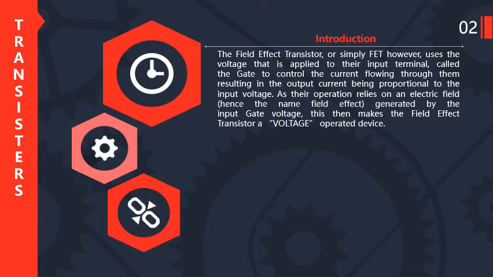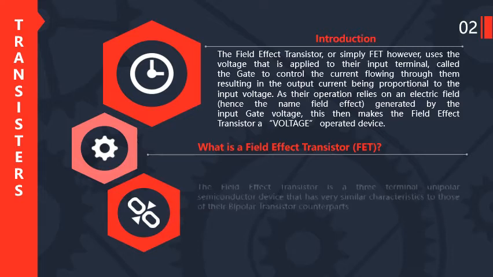As their operation relies on electric field, hence the name field effect, generated by the input gate voltage. This then makes the field effect transistor a voltage operated device. So this is the most important thing. The FET and JFET are voltage operated devices.